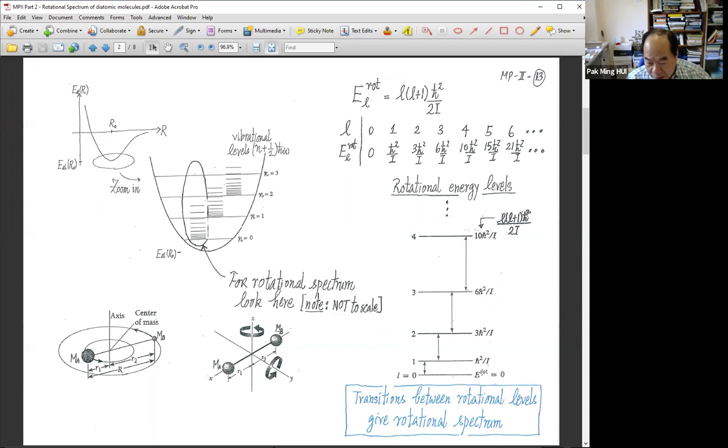Then you already see that it starts from 0, 1 unit of this h bar over I, okay? Now, if you include a 2 here, that will be 2 units, okay? Very often you don't write I, but 2I, then that will be a 2. That will be a 6, and so on, okay?